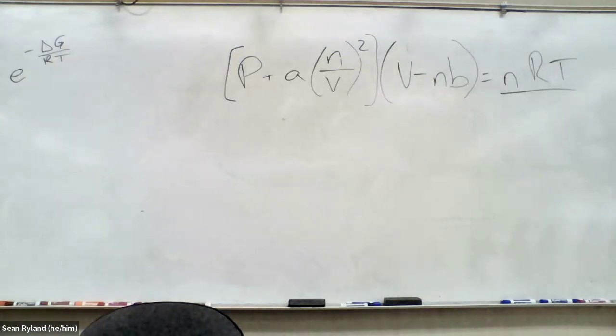So let's do an example where we look at this with water vapor. If we have 1 mole of water in 22.414 liters at 0 Celsius, what should the pressure be if we just use PV equals nRT?